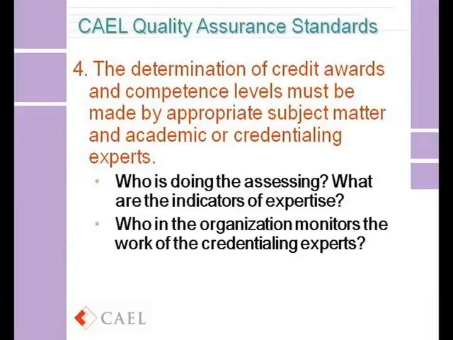How much does the learner know, and how well does he or she know it? The other kind of expertise is academic or credentialing expertise. Given the extent and quality of the learning, is college credit or credentialing appropriate? If so, how much and in what subjects, at what level, and with or without completion of additional learning?